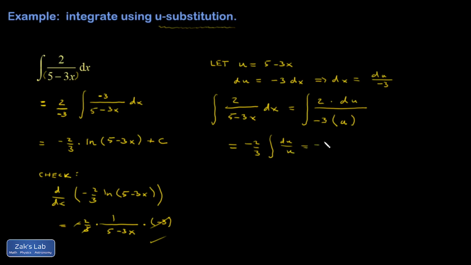And that's just -2/3 natural log of u. And I'm not done until I re-express this in terms of the original variable, which was x. So I have to plug that in. And then I'll be careful to put my plus c on there. Oops. u was 5 minus 3x.